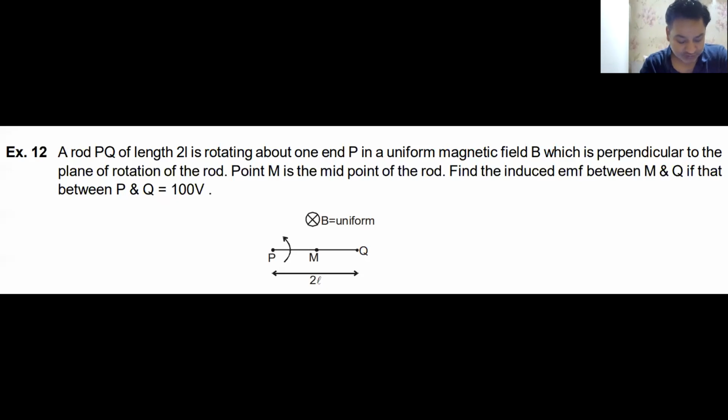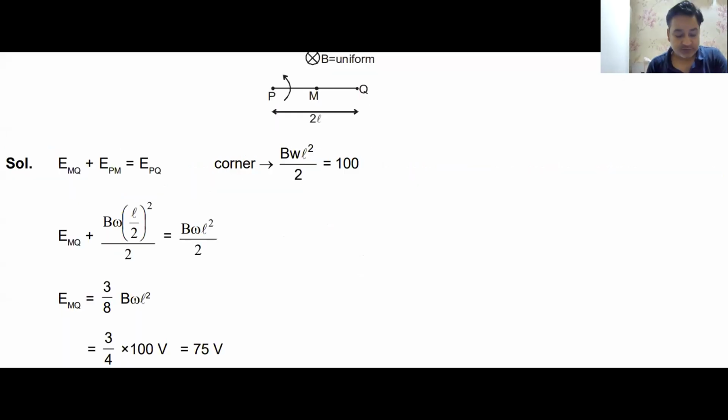Yes, I think you got the correct answer. 75 it is. And how are you going to do this? It is pretty simple. Remember, you know the induced EMF between the center and the end. Now, instead of taking the length as 2L in the solution, it is given as L. So between P and Q, the induced EMF is half B omega L squared by 2.